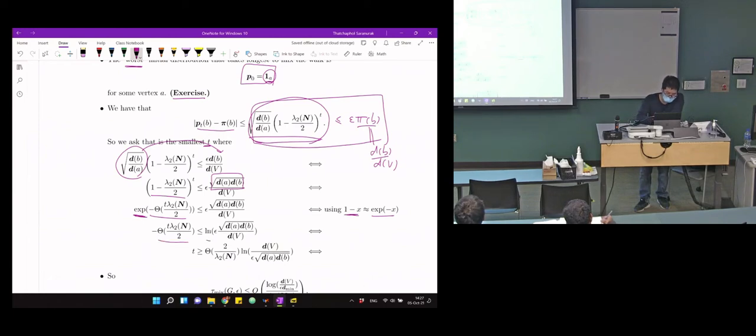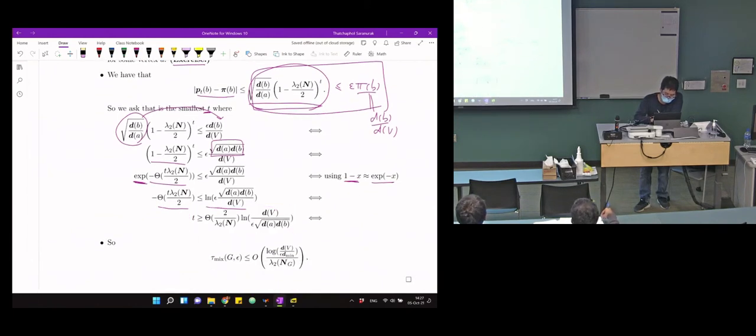And now take the log on both sides, do some rearranging, and you get this part. So basically, whenever t is bigger than this thing, then you can guarantee that the walk is epsilon mixed, which means that the mixing time is bounded by this.